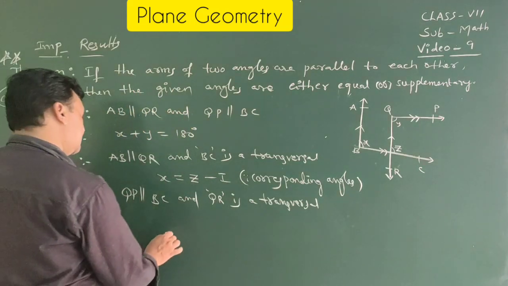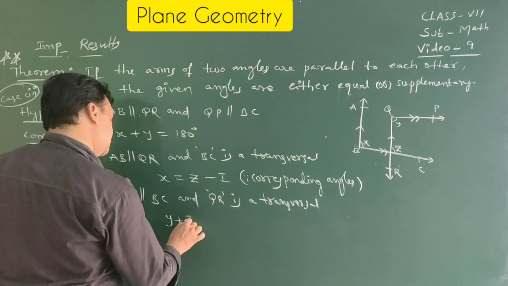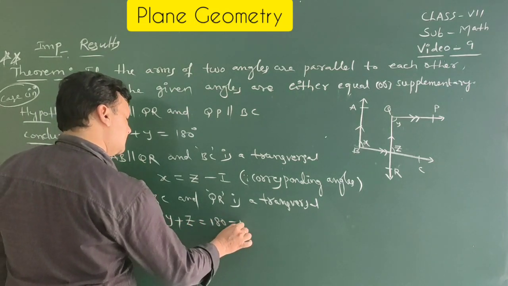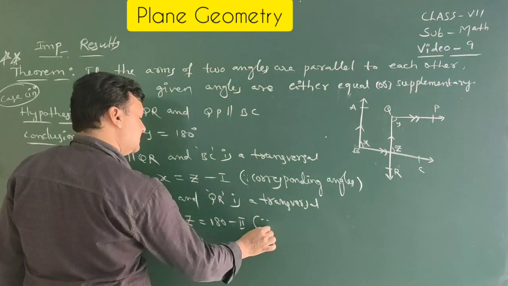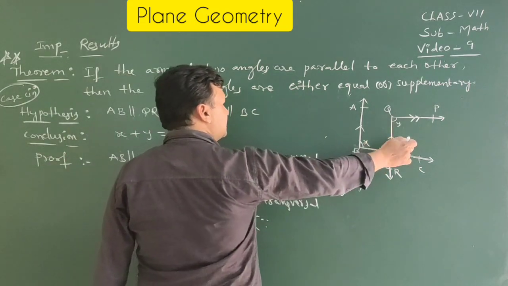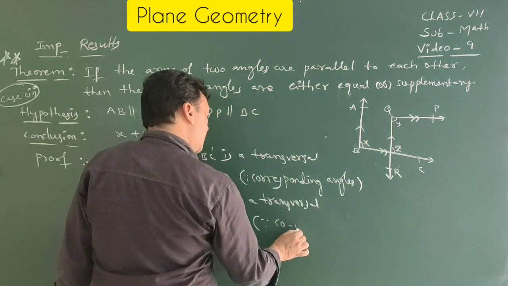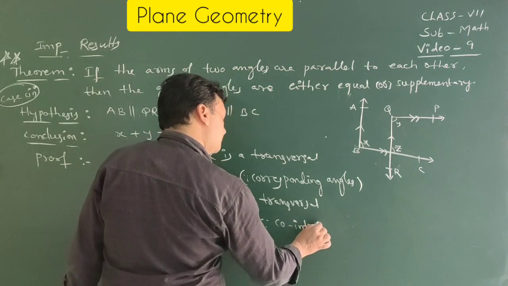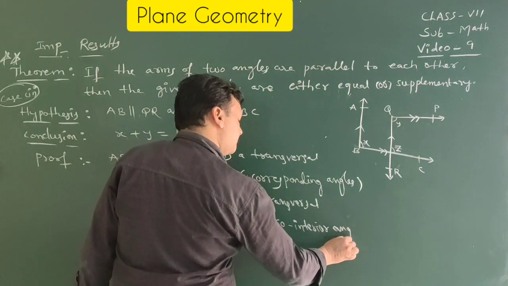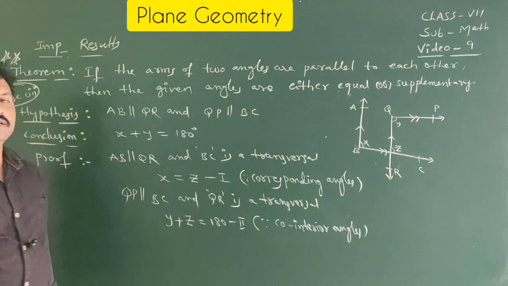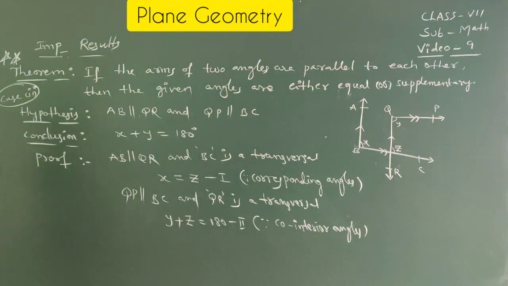In this case, Y plus Z equals 180, since Y and Z are co-interior angles.